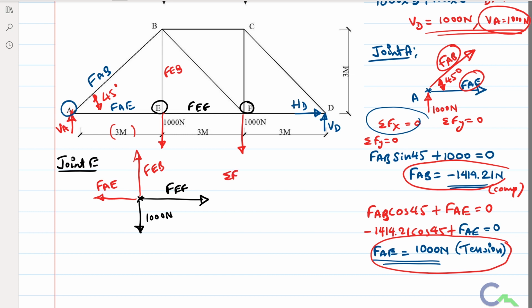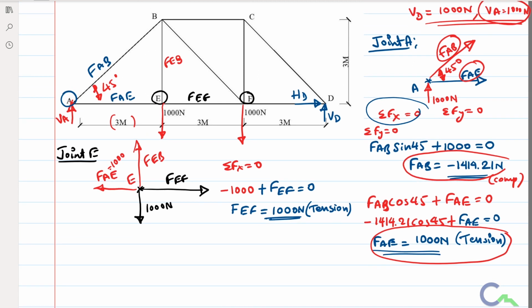So sigma Fx is equal to 0 about point E. So horizontal forces are, one is FAE is equal to 1000, we got in the previous step, it is acting in negative direction, minus 1000 plus FEF is equal to 0. Therefore FEF is equal to 1000 Newton, that is tension. We got a positive answer, our assumption is correct, that is in tension.